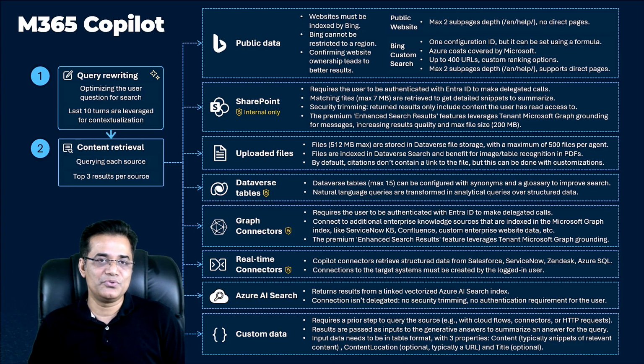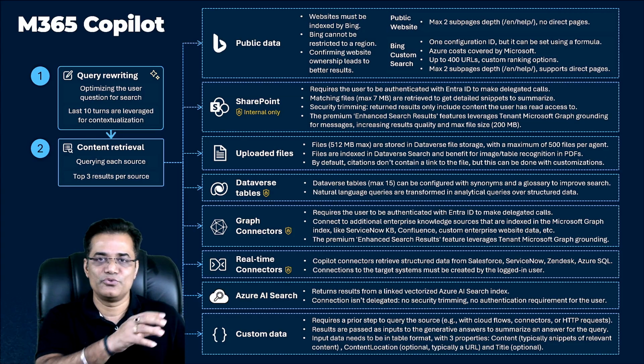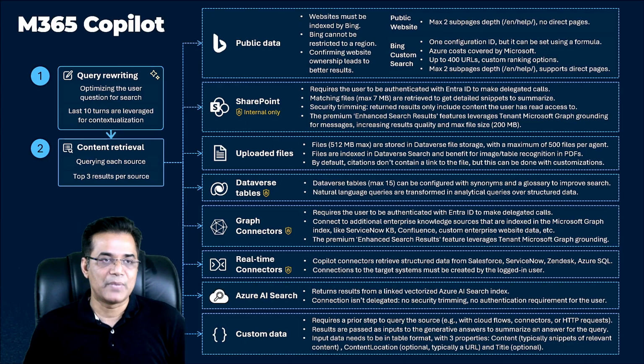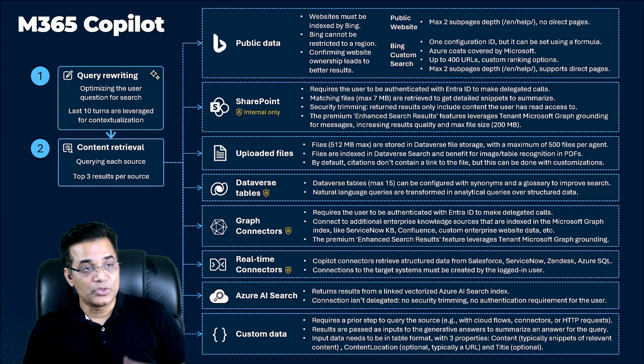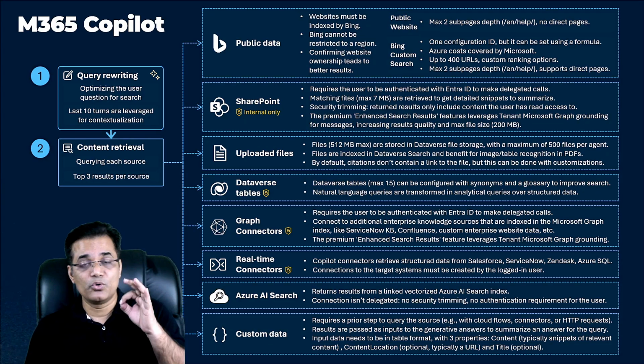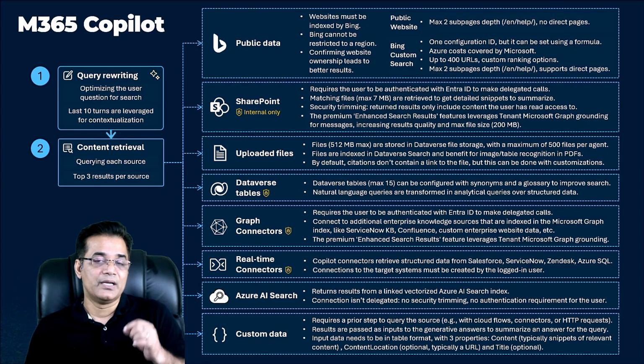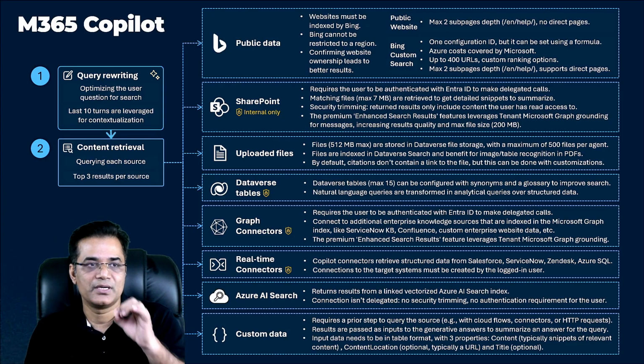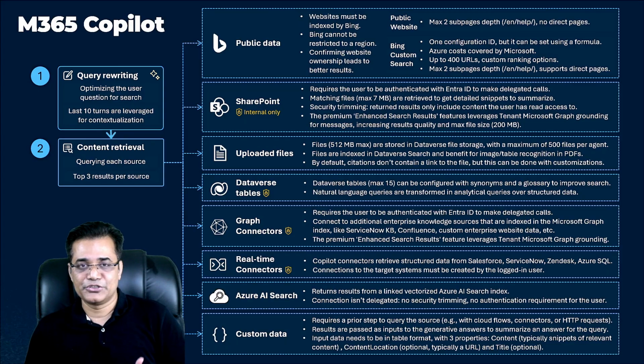You don't want to give your data access to someone else, and that kind of restriction you get when you use Microsoft 365 Copilot. You can also upload files, and whatever file you upload, make sure that its size is not more than 512 MB.